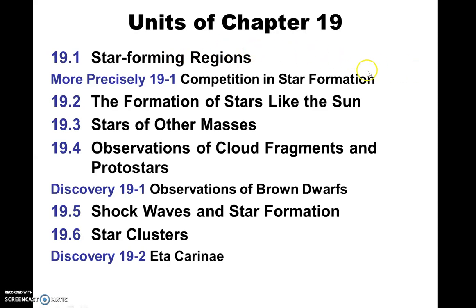These are what we would call the star-forming regions. Mostly gases, but there is some dust and things like that. It's all stuff that we talked about in the last chapter, chapter 18. So just assume that that's there in different locations in the galaxy.